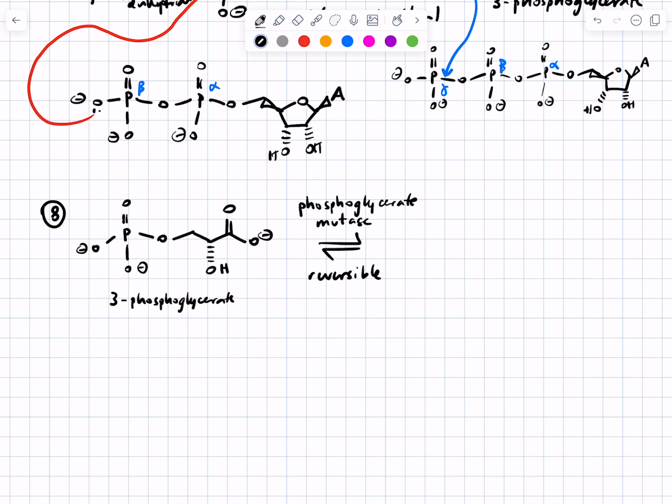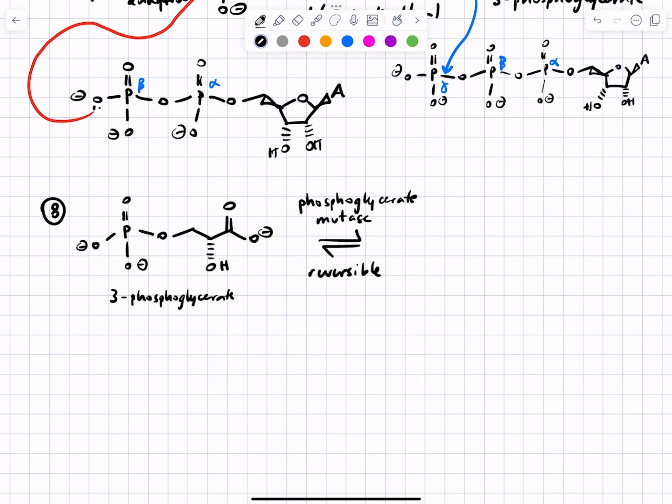So you'll recognize this as an isomerization. You could ask me the question, why didn't they call it an isomerase? And I would say, I don't know. So the mutase enzyme moves the phosphate group over to the C2 hydroxyl instead of the C3 hydroxyl. It's still a phosphoester.